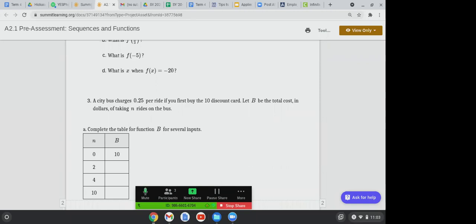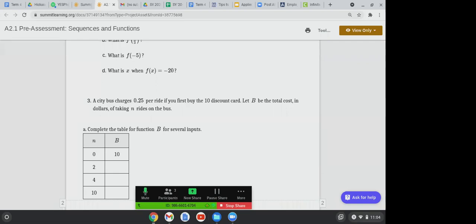So how much will you have spent if you take 2 rides? Is it gonna be 10.25? That's only 1 ride. Okay. 10.50? Yep. Because you had to buy the card, so the $10 is there off the top.